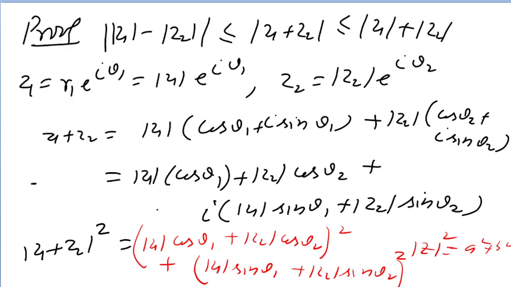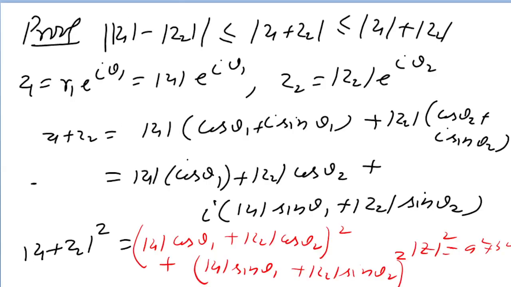Now simplify. We will get mod z1 plus z2 square as a square plus b square, which expands to a square plus b square plus 2ab.